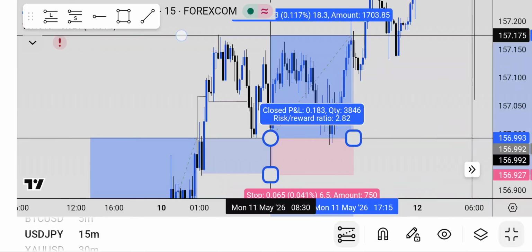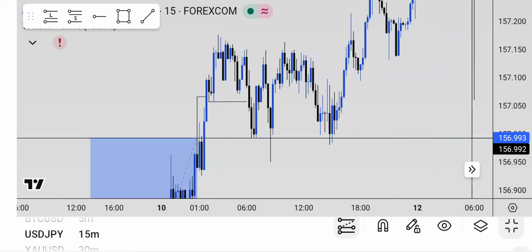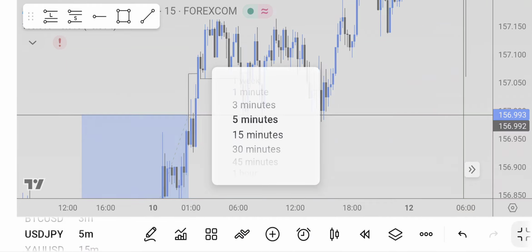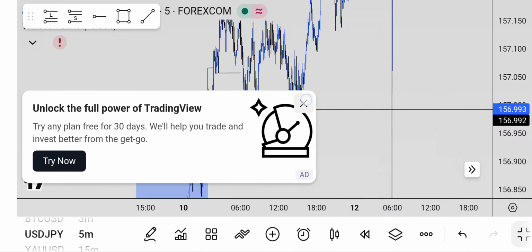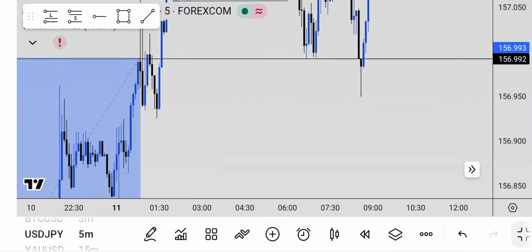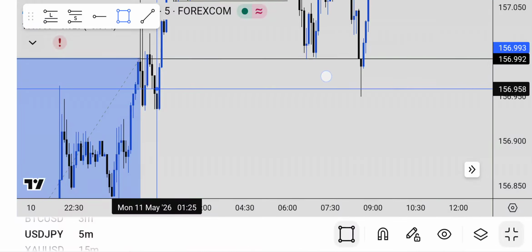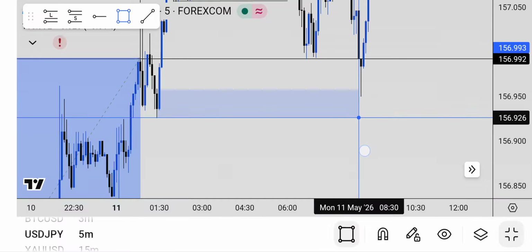But because I'm no longer a beginner, I still have to go down to my 5 minutes time frame, because I was able to spot an order block down below, even before the 15 minutes order block. There was already a 5 minutes order block inside of it.